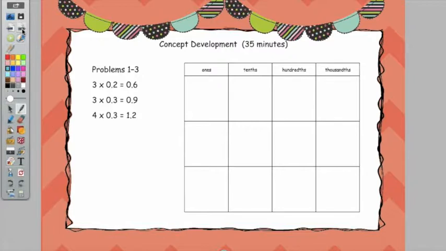Okay? So before we get started, I want to go back to what it means to multiply. So let's just take a problem without decimals, okay? Let's just take the problem 3 times 2 equals 6, okay?